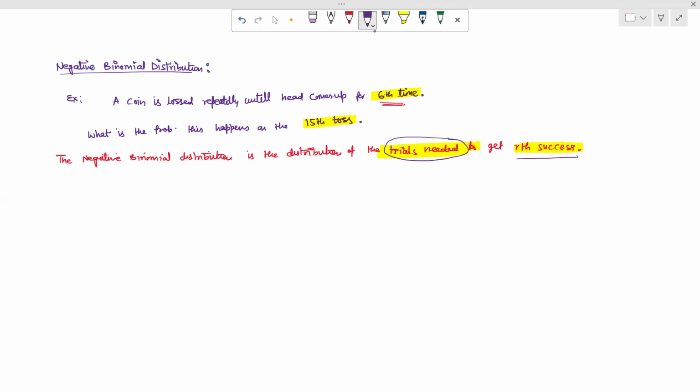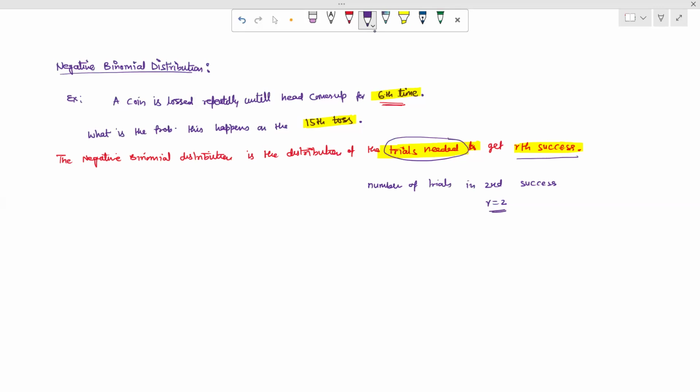So we write it as the number of trials for the second success, so we can write r equal to 2.